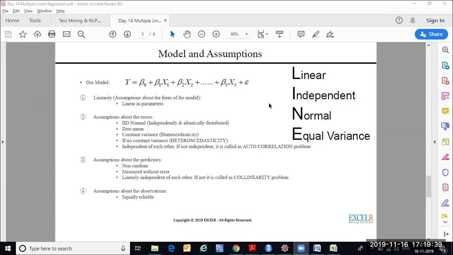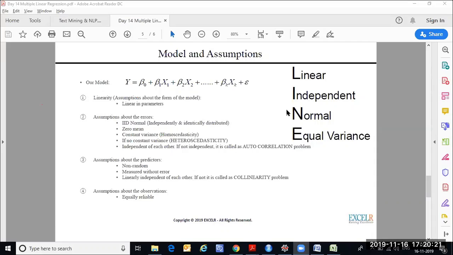We need to make sure all these assumptions are satisfied. Only then can the model that you are selecting be finalized for moving it to production or considering as the best model, right? These assumptions make sure that the model which you are selecting would be able to work even for unseen data very well in future.